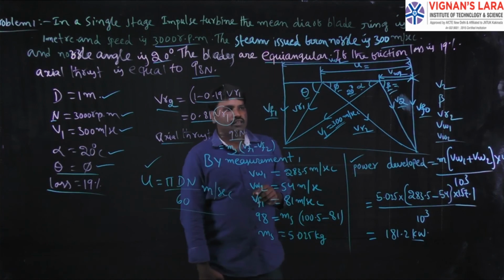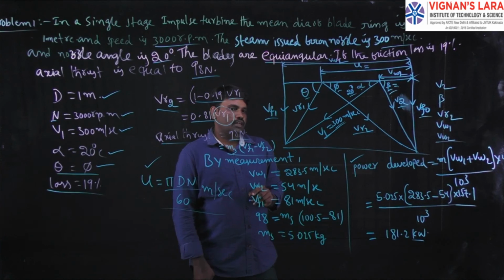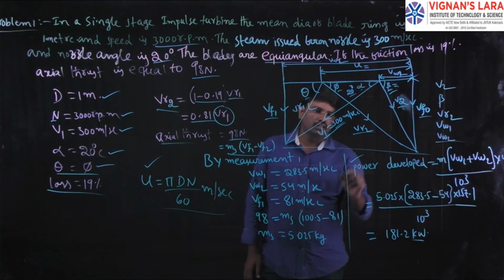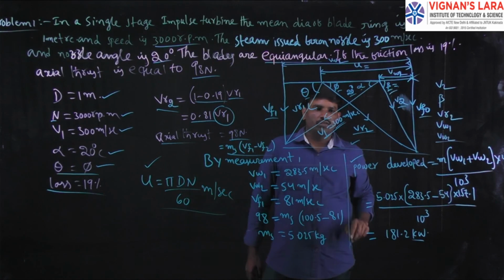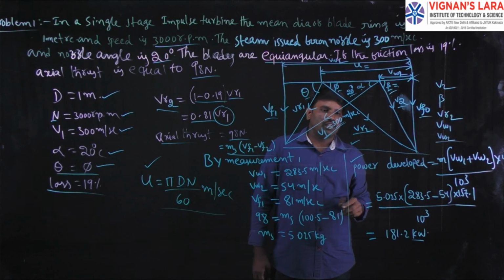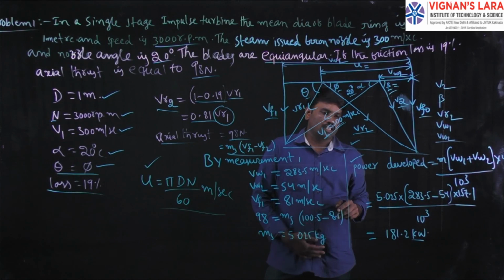After drawing the combined velocity triangle, you can easily evaluate every parameter. You can easily measure every velocity in the combined velocity triangle, every angle in the combined velocity triangle, and every performance parameter also you can easily evaluate.